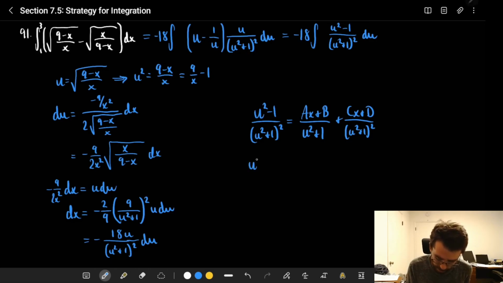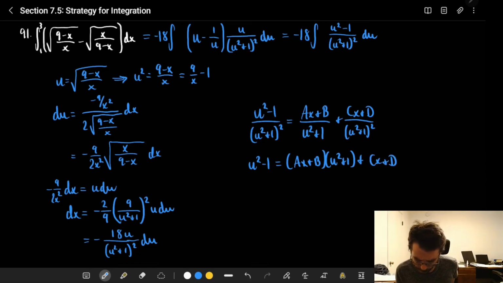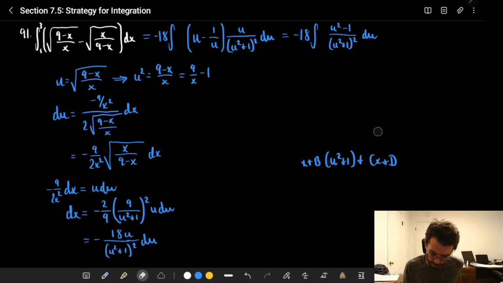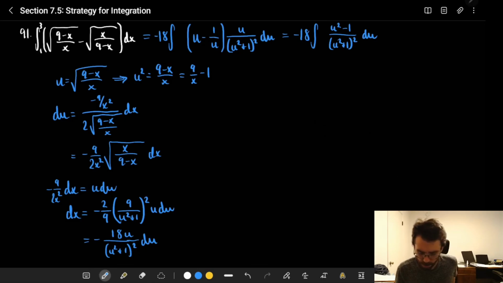But I mean, I guess we'll see. ax plus b times u squared plus... No, this isn't going to work. Stuff like this never works, right? Because you just get a cx plus d out there. And then you're like, yeah, a is 0, b is 1, c is 0, d is 0. Who cares? So, okay, let's not do that.